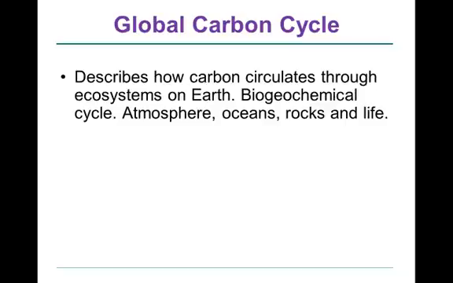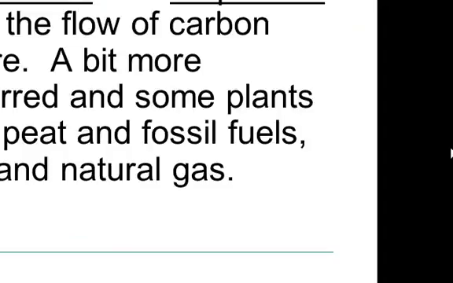Often when we're talking about the carbon cycle, we will say that carbon is sequestered, and carbon dioxide serves to sequester carbon. And in the history of life on Earth, photosynthesis and respiration almost balanced out the flow of carbon through the biosphere.